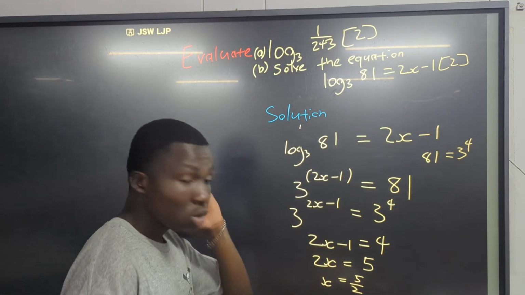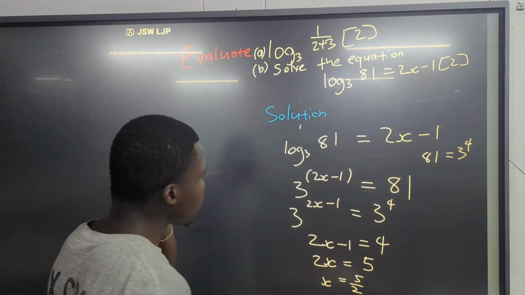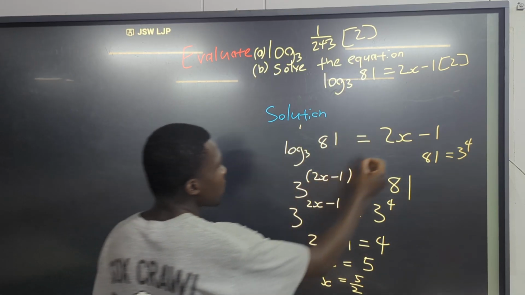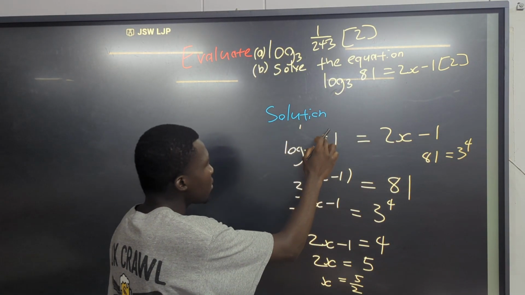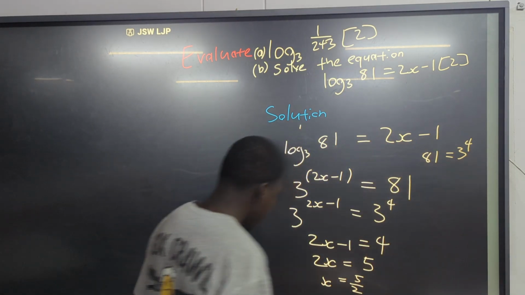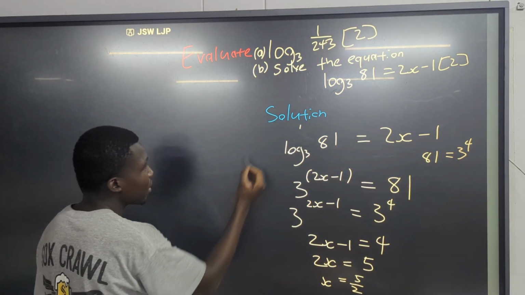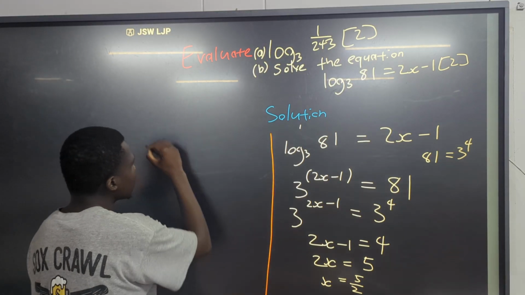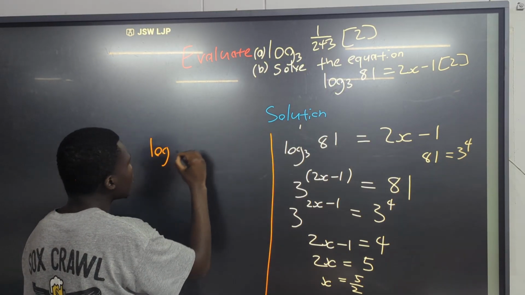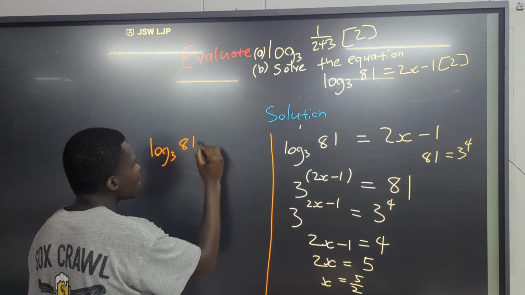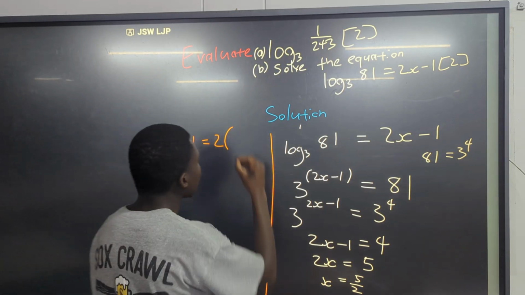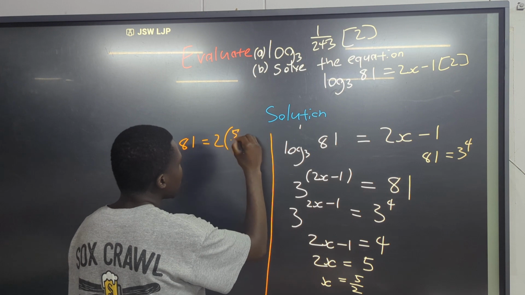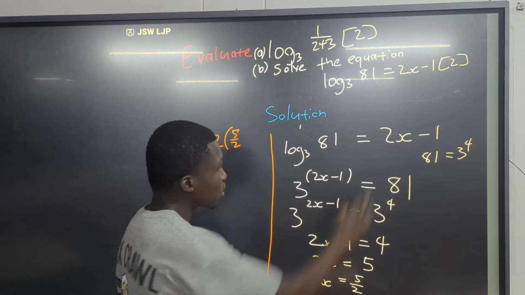So let's test our solution for x at 5 over 2. We're saying log 81 base 3 is equal to 2x minus 1. So log 81 base 3 is equal to 2 times 5 over 2 minus 1.